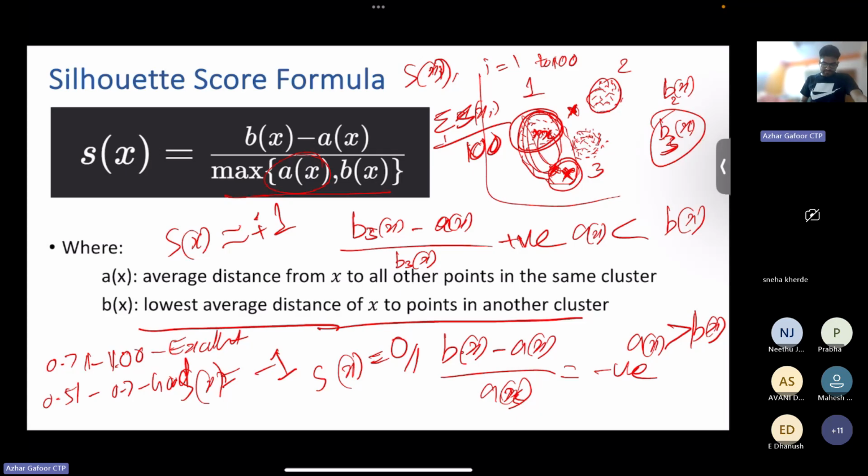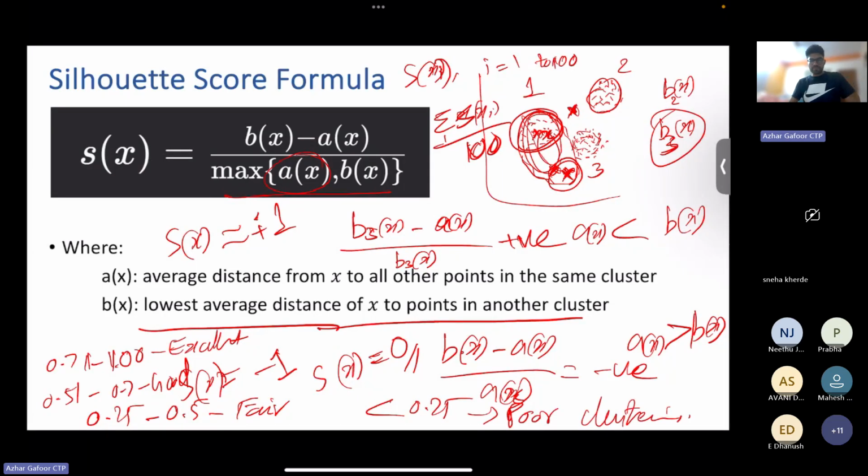If it is between 0.25 and 0.5, it's still acceptable, so it's a fair clustering. And if the value is less than 0.25, then we can say it's a very poor cluster. So these are the usual numbers that we follow.